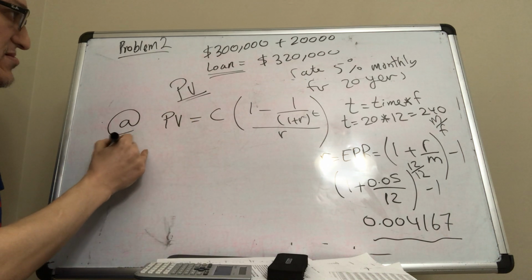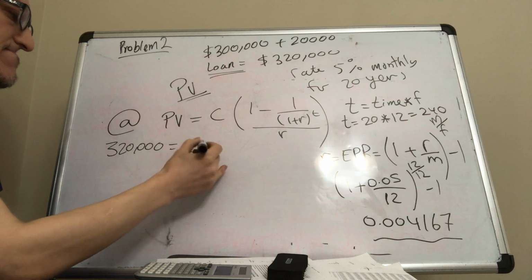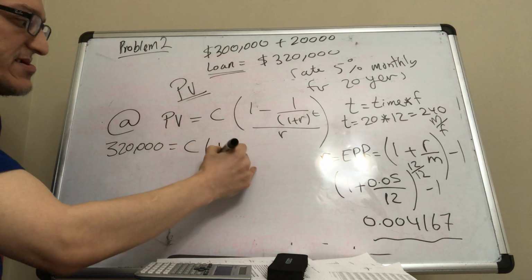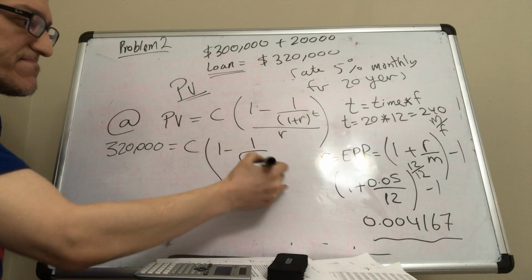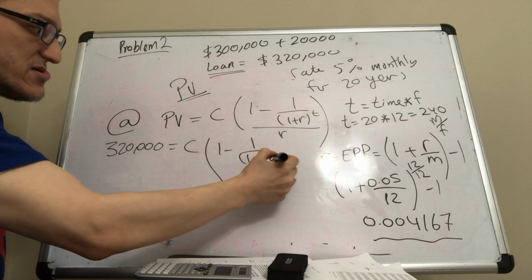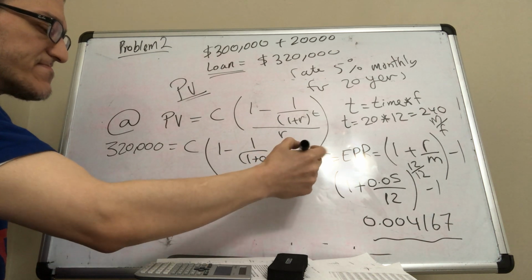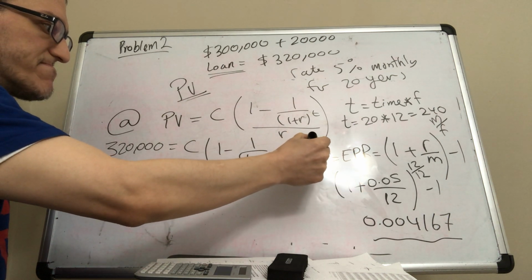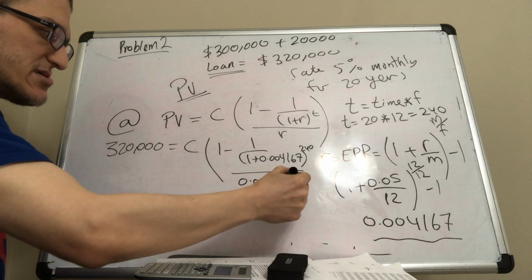The loan amount is C times 1 minus 1 over (1 plus R), which is the 0.004167, to the T amount, 240, and we divide by the 0.004167.